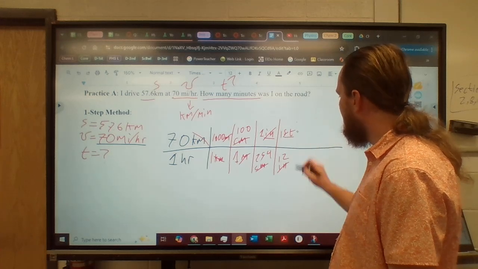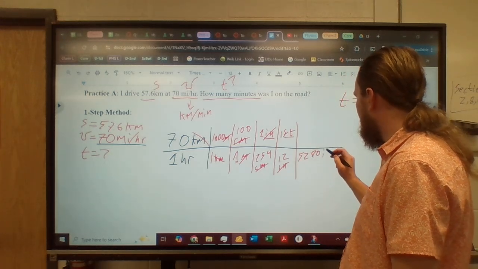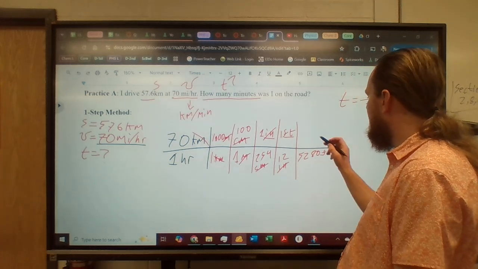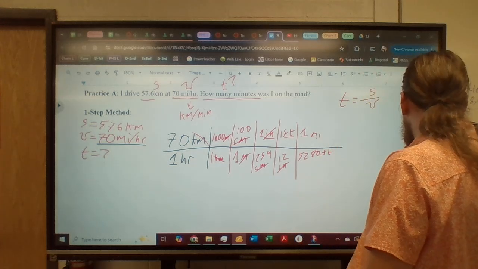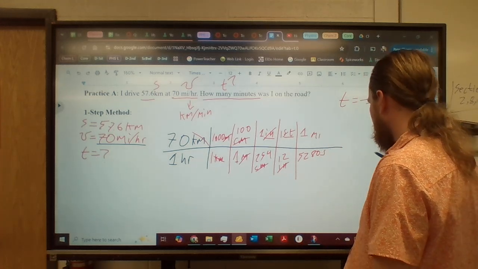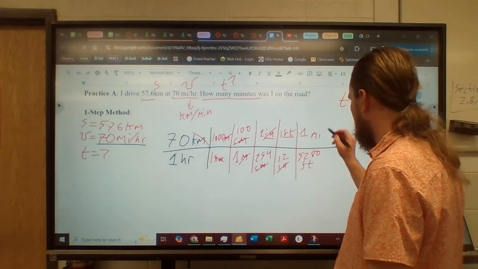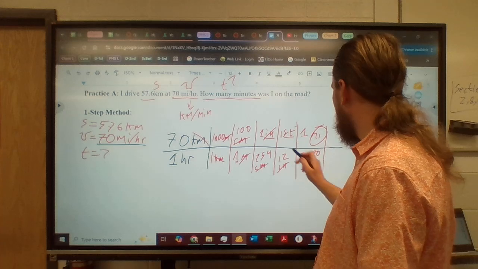Now we're in feet. Last step, 5,280 feet, not inches, to 1 mile. Okay, so that does our distance. We are now in miles.